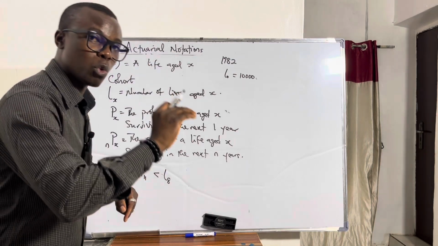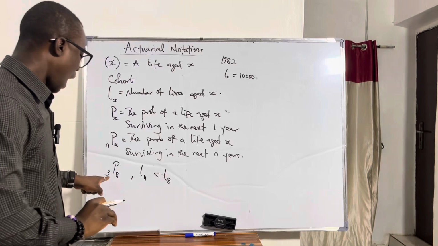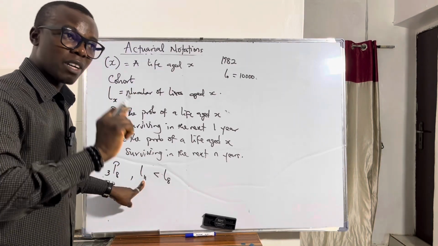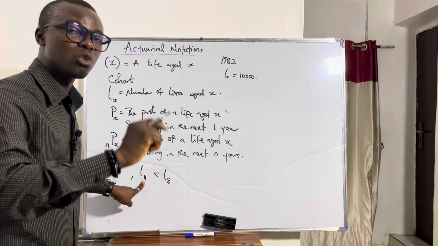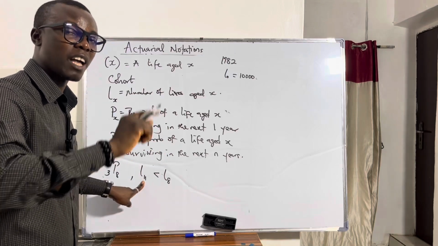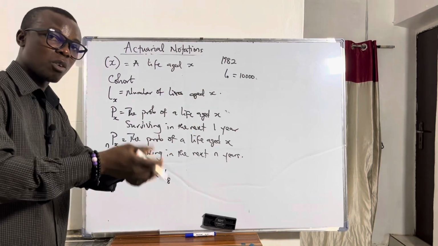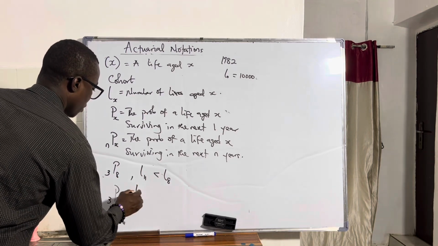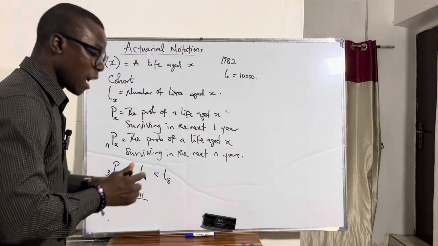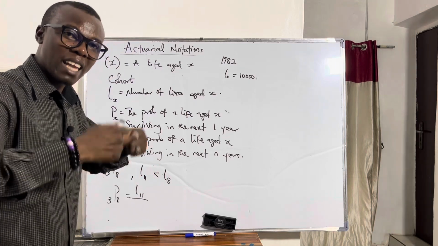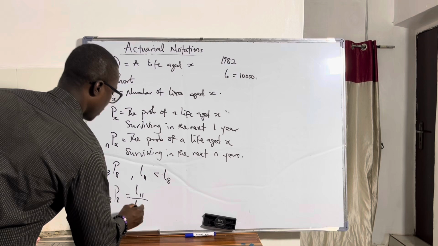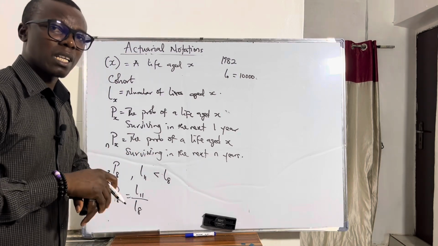We want to know those who are alive at L11, because that's the number of required outcome. So P83 will give us L11 over how many were alive when they were L8. So that's over L8. It's just quite a simple illustration.